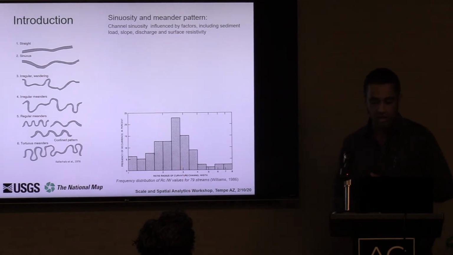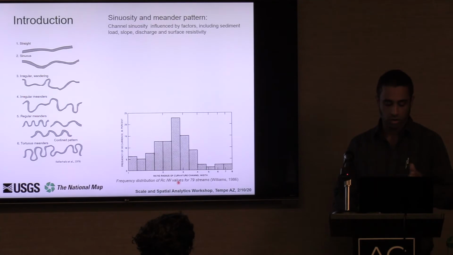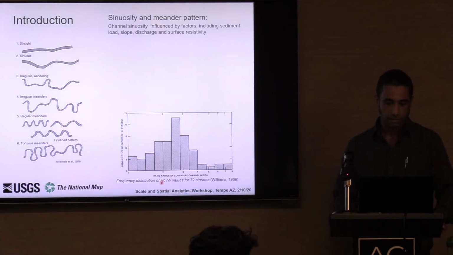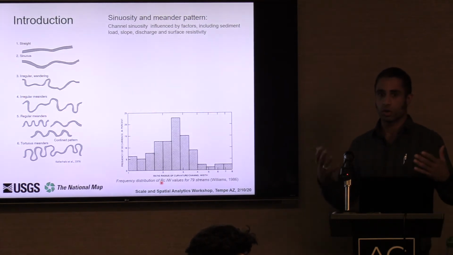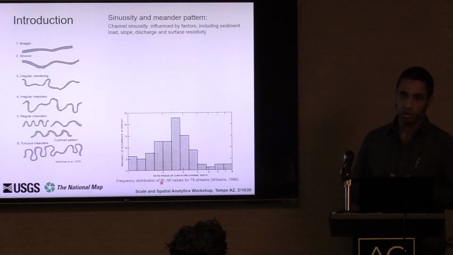But it's not a clear trend, and it's not likely useful for modeling amongst all different stream types, which is what we're looking at: nationwide coverage. The NHD currently has a lot of attributes, and sinuosity or better defined bend geometry would be a useful attribute.